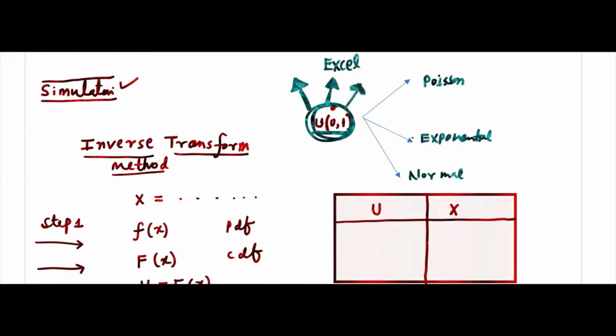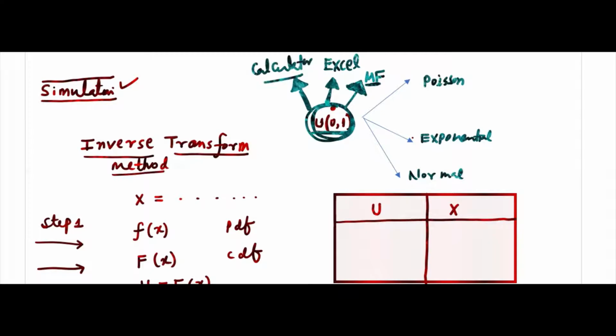Or you can use a mathematical formula. There is a mathematical formula also that is not included in CS1. Using that mathematical formula we can generate numbers. There are so many. We will do one in CS2. But you should know how to use a calculator to generate numbers from U01.